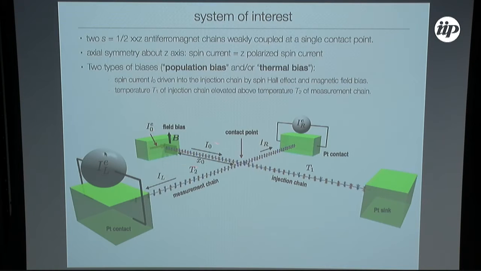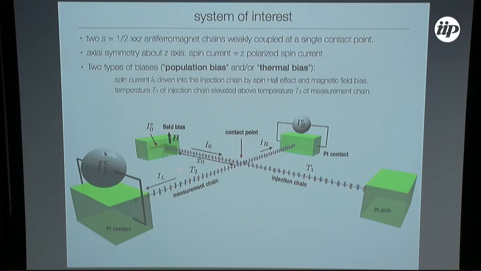Population bias refers to this: let's say I have a platinum contact here, which via the spin Hall effect injects spin current into the injection chain. The spin current will flow and sink into the drain here. But some of that spin current may tunnel across through the coupling into the measurement chain.